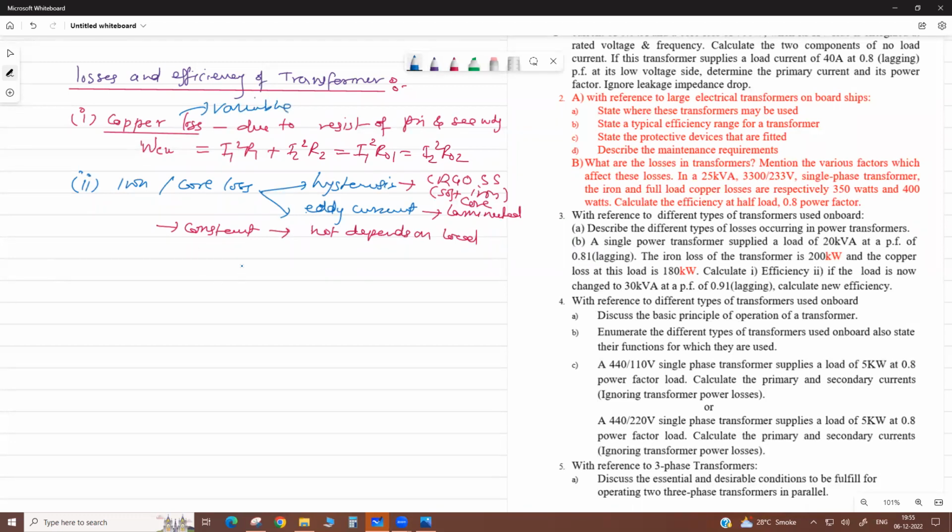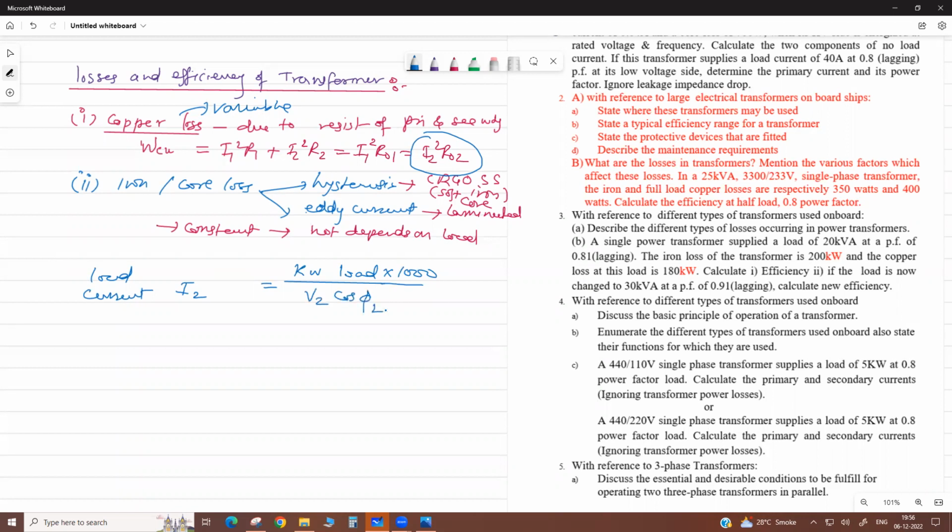Okay. Why are these variable? Because suppose this is your copper loss, I2 square R. This I2 is the load current. Suppose the kilowatt load on the transformer, to convert into watt you multiply by 1000. So the load current equals kilowatt divided by V2 cos phi 2.